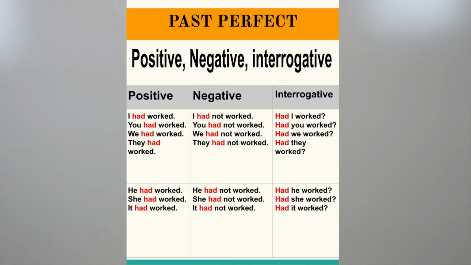So now that we've briefly discussed the past perfect, let's look at the past perfect continuous. The past perfect continuous is formed using had plus the word been plus the present participle with the letters ing.